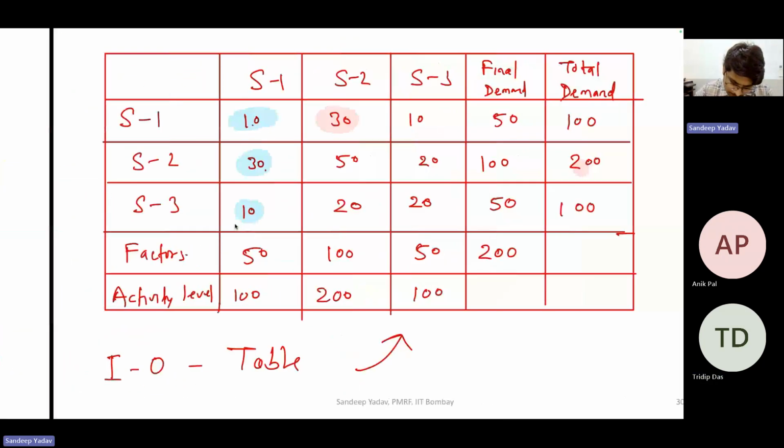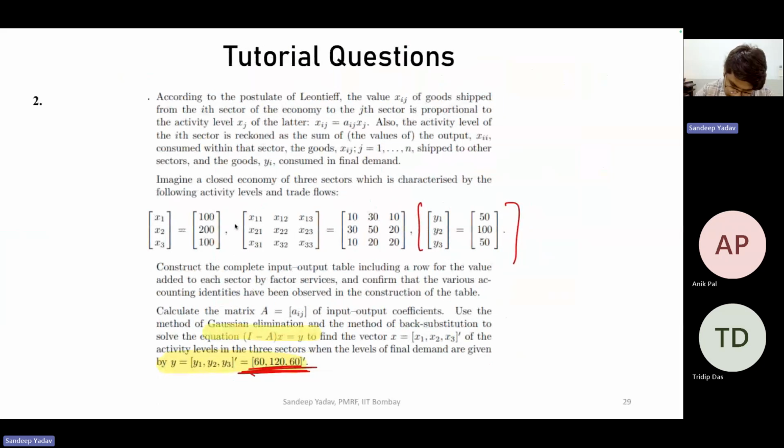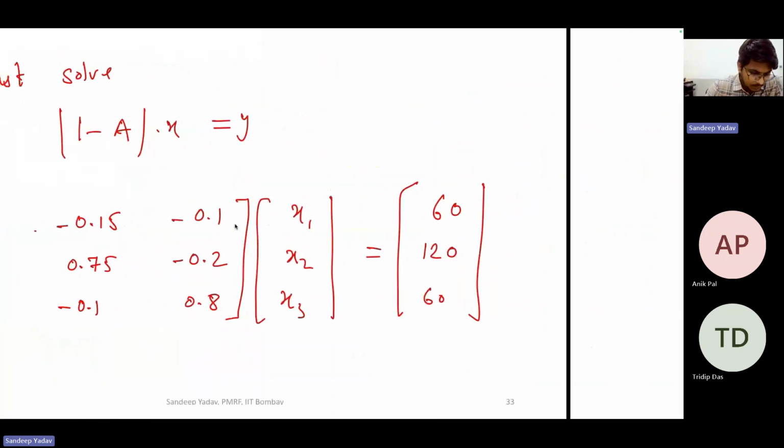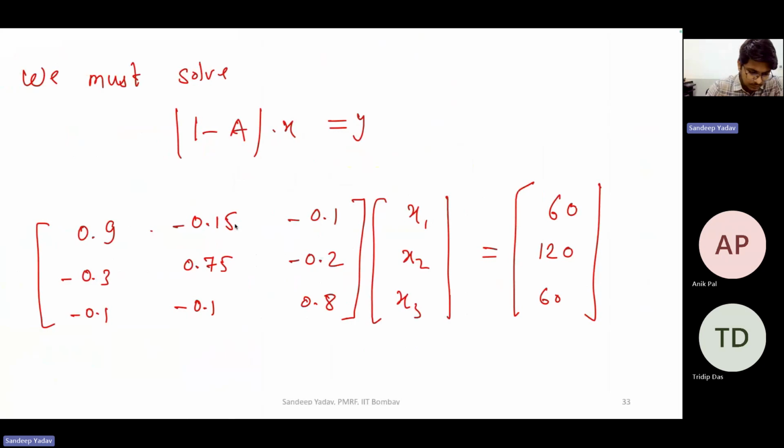Now the further question says we have to use the Gauss elimination method and back substitution to solve this equation. In Gauss elimination, first we will add the first row to the second row and to the third.